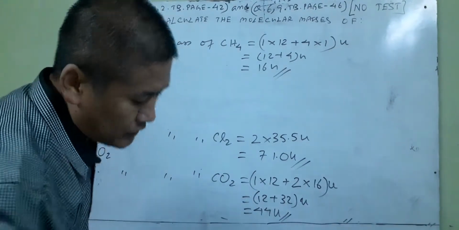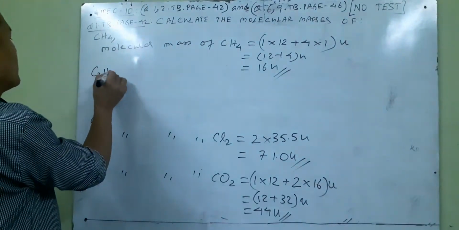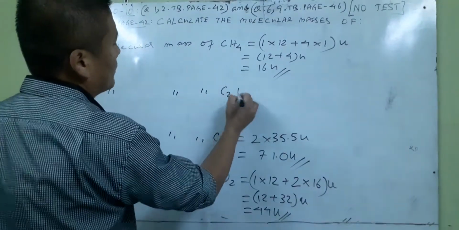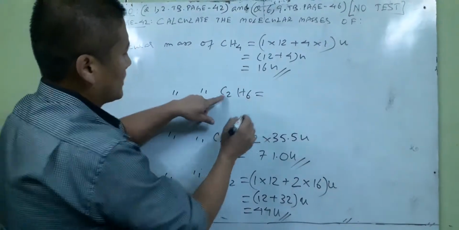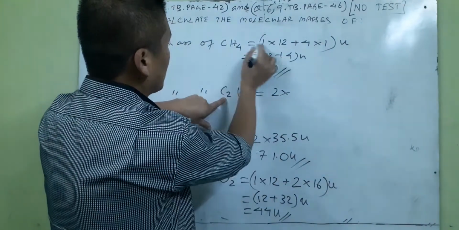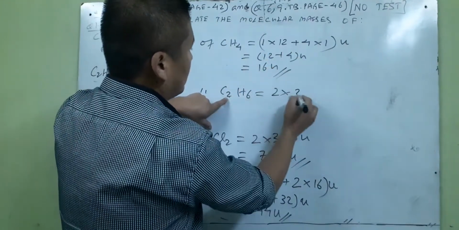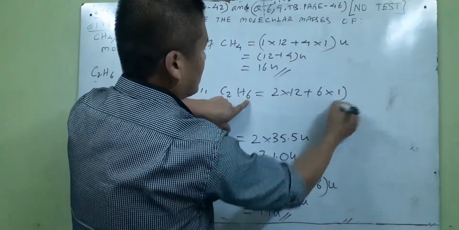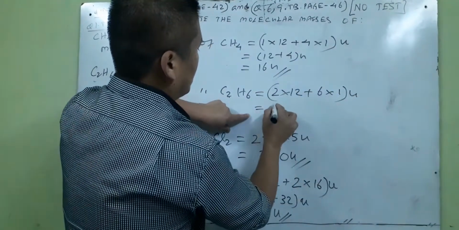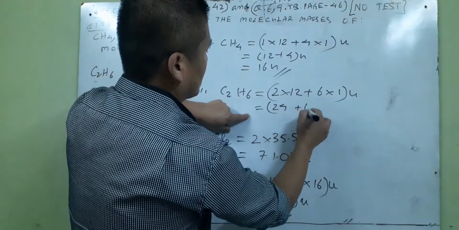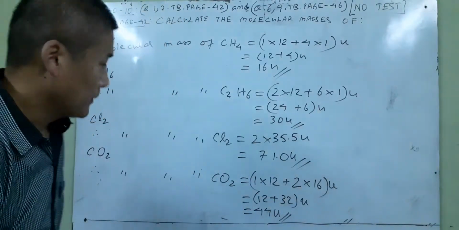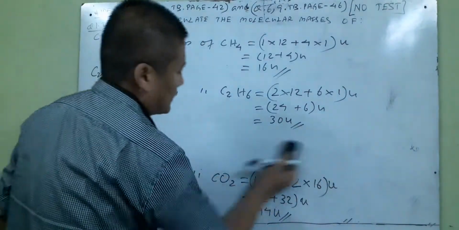Okay, then next, after CH4 is C2H6. So you write your C2H6 and write your molecular mass of C2H6. Just follow this. Same, 2 atoms now. Here only 1, but here 2 into 12 plus 6 hydrogen, and 1 hydrogen is 1. So you just put your 1. So there will be 24. 12 2s are 24 plus 6 1s are 6. So that is 30U. And after C2H6, what is that molecule?